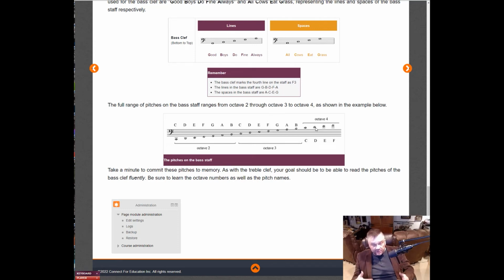So again, a ledger line is simply an extension of the musical staff. The logic would be, if you took a blank page and you wanted to indicate every single pitch available, you'd be nothing but lines and spaces all through the entire page. You wouldn't have any real octave designation. So not only does the bass clef and the treble clef give you ranges of pitches, it also helps with things like octave designation.